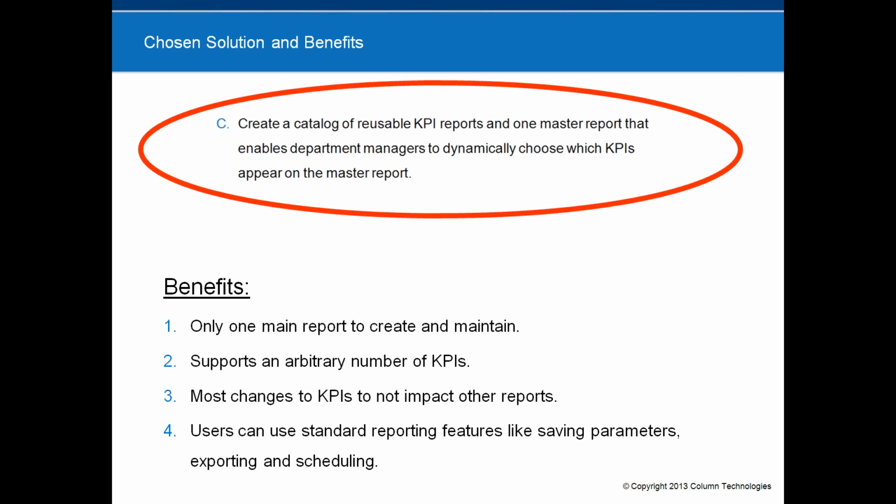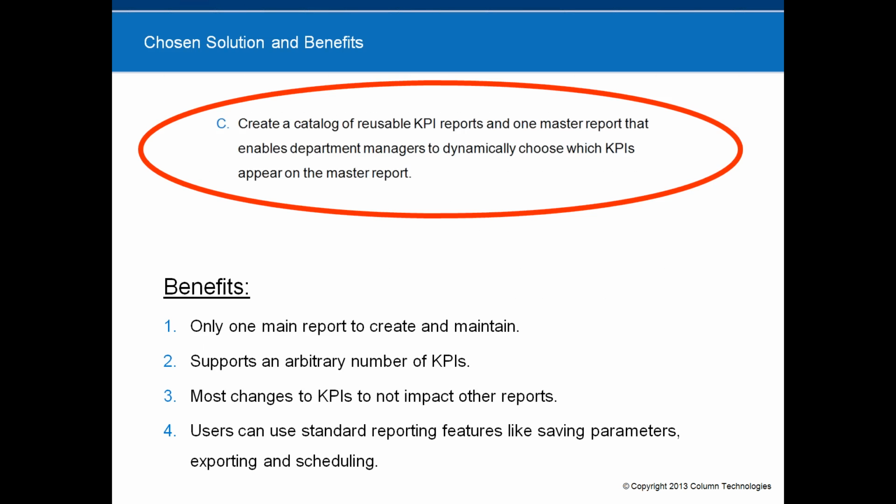If we need to make a change to any one KPI, then we can do that without changing any of the other reports. And implementing this as a Jasper report lets us take advantage of all the standard reporting capabilities, like users can save parameters, users can export reports to share offline, or leverage report automation, scheduling, and email distribution.